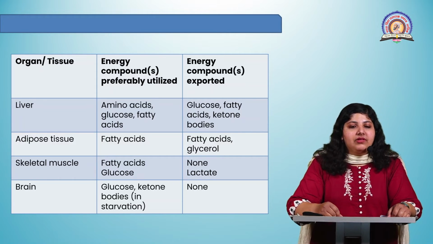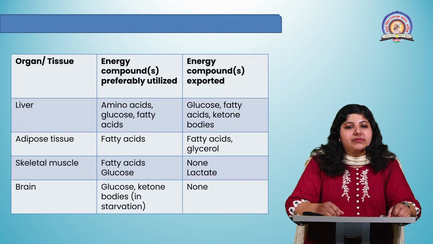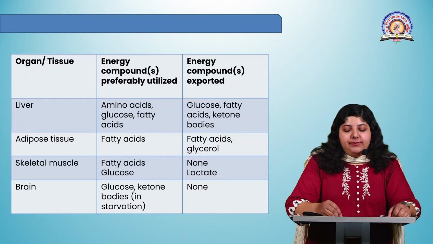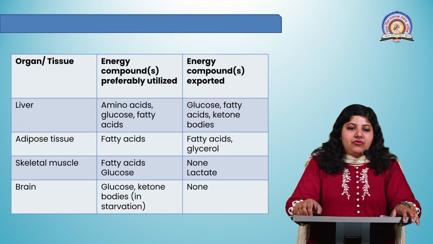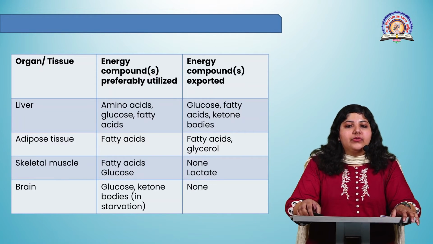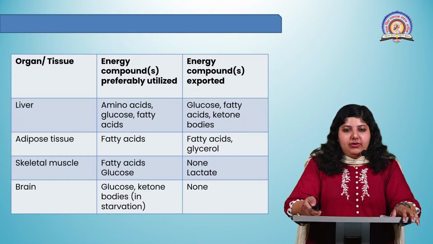The skeletal muscle utilizes fatty acids along with glucose and it only exports out lactate. Now brain utilizes glucose, and ketone bodies also, but only during the starvation condition. Otherwise it only uptakes glucose. And for the export of energy, brain does not export out any biochemical compound.